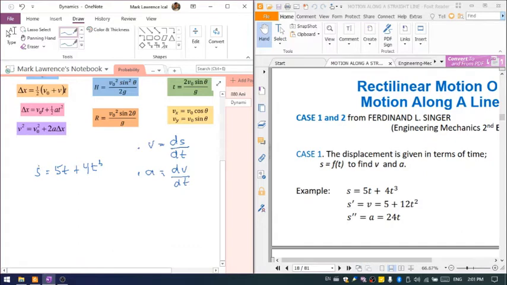Okay, so what is the changing particle with respect to time? So it is basically velocity. Okay, so expanding this equation, we can also say that velocity is equivalent to delta s, or simply s prime, and the acceleration is basically just v prime.